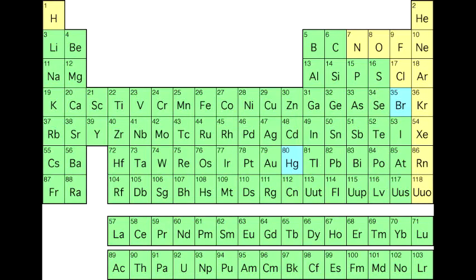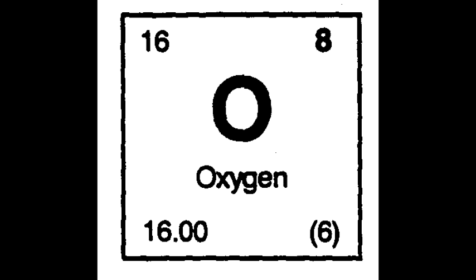When you look at the periodic table, what is H, O, or C? These symbols represent an element. An element is a pure substance that consists entirely of one type of atom. For example, O stands for oxygen.